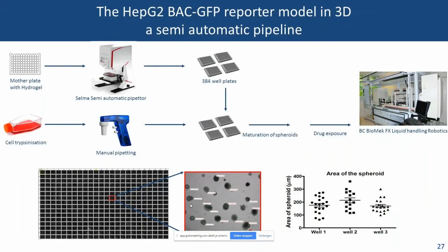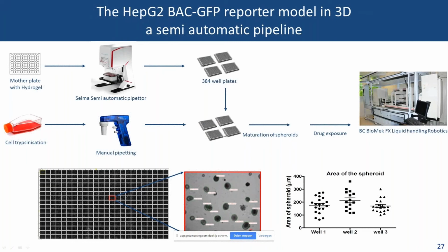All right, so the last couple of years we've put quite some effort into making this system more robust. So we use, for example, robotics to actually add the matrigel, then add the cells, and then after 21 days we have mature spheroids that can be exposed to the drugs. And for this we also use a liquid handler, so robotics, to actually add drugs.